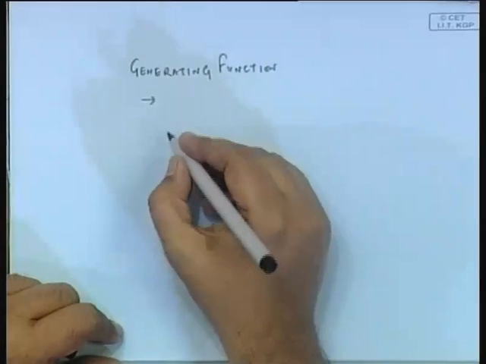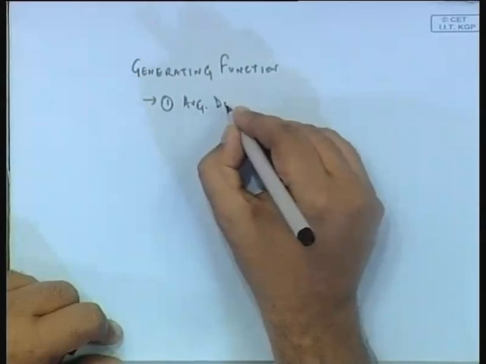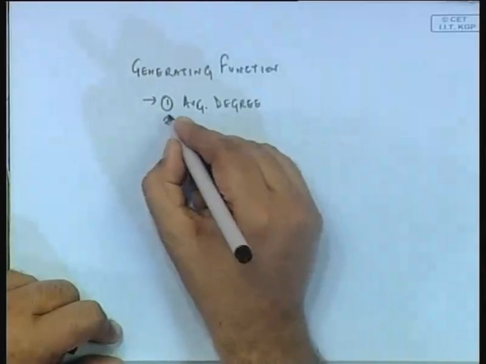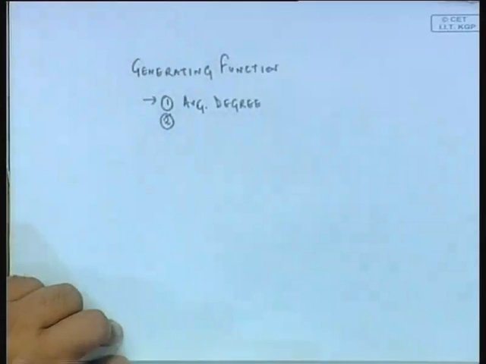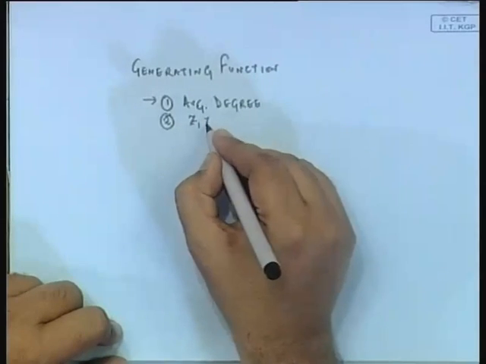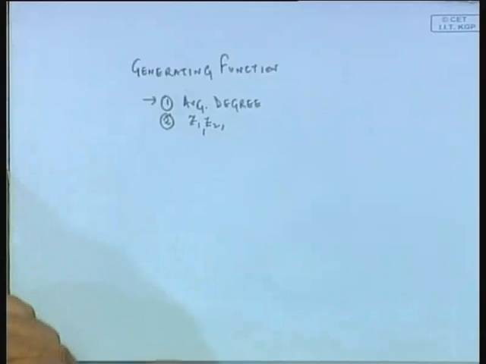Okay, average degree, then Z1, Z2. Okay. So, first neighbor degree, second neighbor degree, third neighbor degree. Okay. So, why are these important?